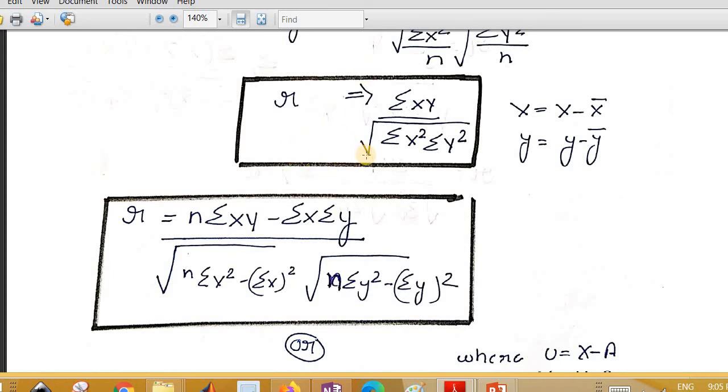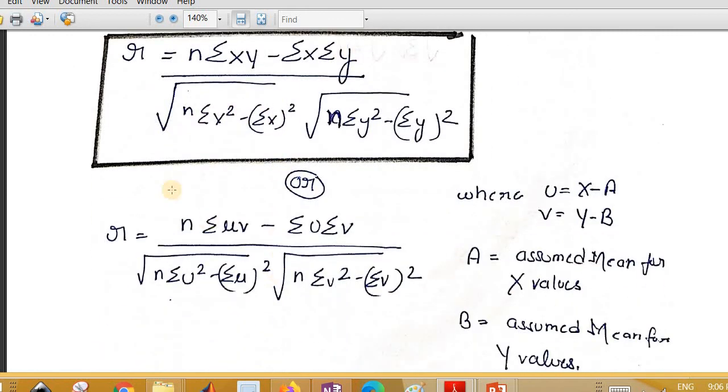Basically the formula is covariance of xy upon sigma x into sigma y. The value of covariance is calculated with the help of this formula, n summation xy minus summation x summation y, and this formula.